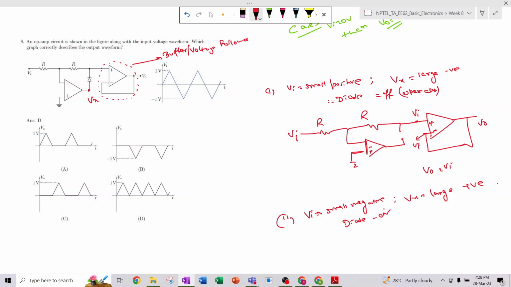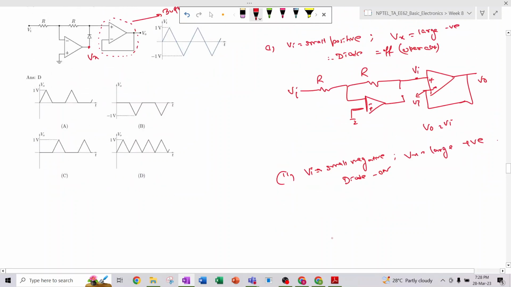When the diode is on, it will act as a short circuit.